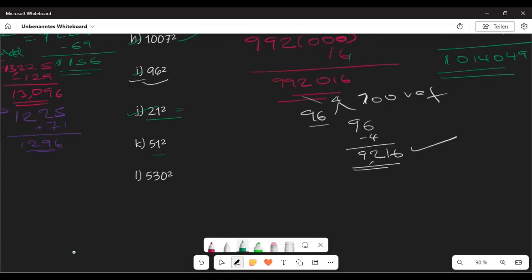So for example, here, this 21, then less that 1. Okay, subtract that 1. So that will give us 20. Then square that 20. Okay, square the 20. So that will give us 400.